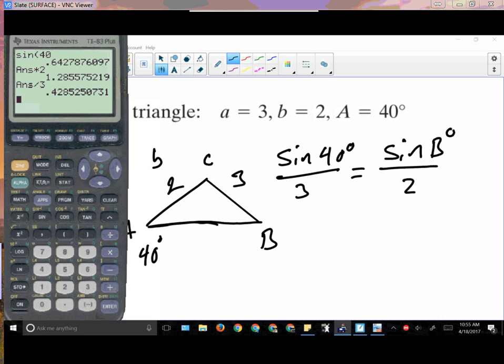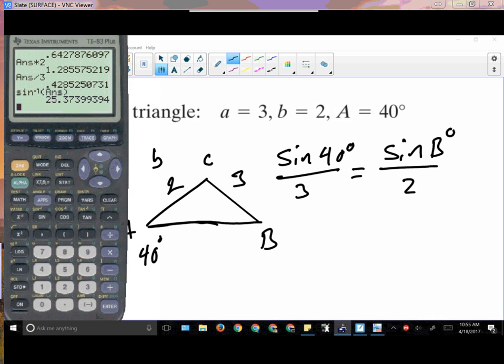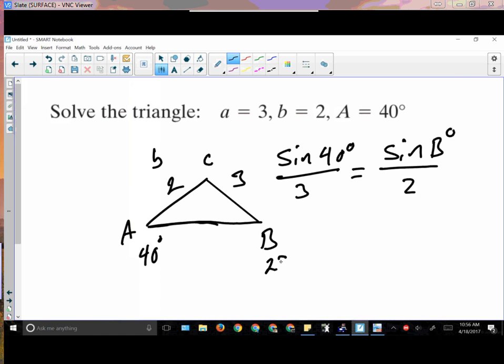But now I have to get back to the angle measure for the sine of B. So I am going to go second, inverse sine, and then press second, and right above the negative sign is A and S, so it'll bring back the previous answer and put it in there. And so now I've got my degree measure. My degree measure for B is approximately 25.37 degrees.